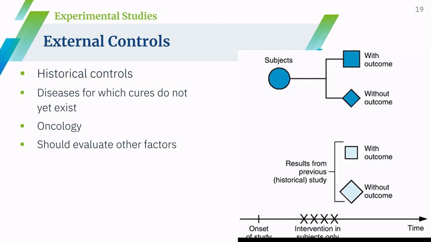Historical controls are frequently used to study diseases for which cures do not yet exist and are used in oncology studies, although oncologic studies use concurrent controls when possible. In studies involving historical controls, researchers should evaluate whether other factors may have changed since the time the historical controls were treated. If so, any differences may be due to these other factors and not to the treatment.